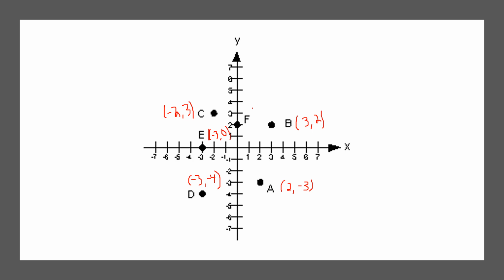So F is (0, 2). E and F, once we look at linear equations, are what we call the intercepts. At what point does the line intersect the x-axis or the y-axis?